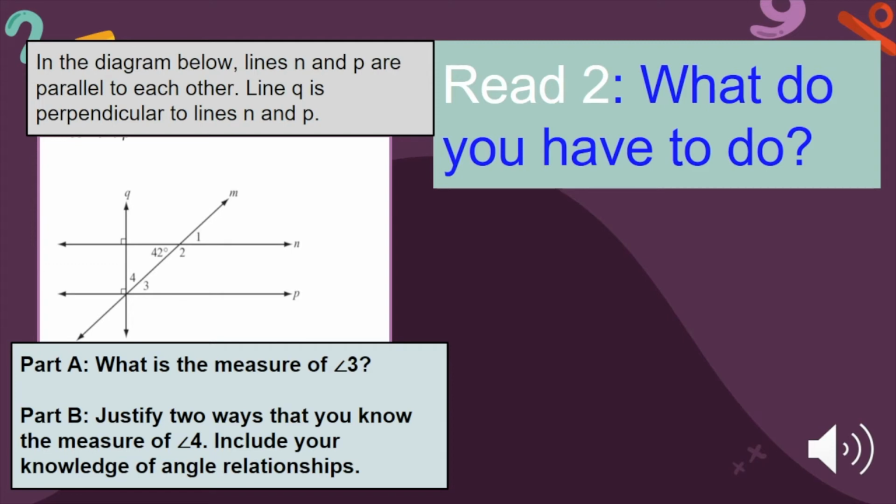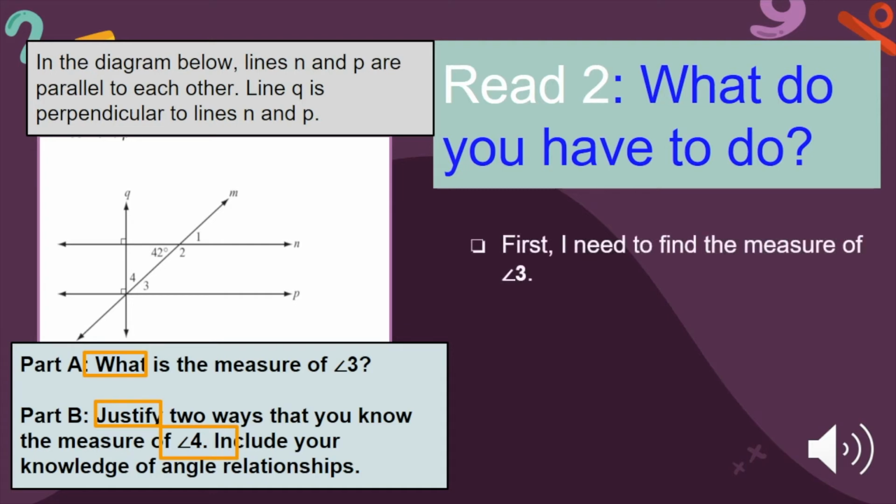In this case, we have what, justify, and include. These words tell me that I have to answer a question and follow certain directions. I see there are 3 things that I need to do. I need to find the measure of angle 3.